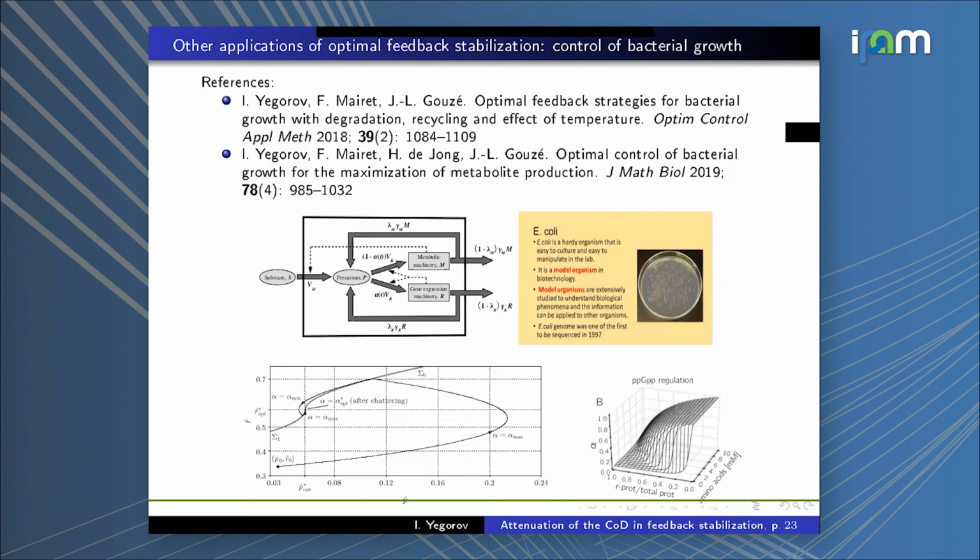So we just want to understand certain general optimality or equilibrium principles that may be applied to such microbiological systems. And then we can also use them in biotechnology. There were a couple of papers on that.